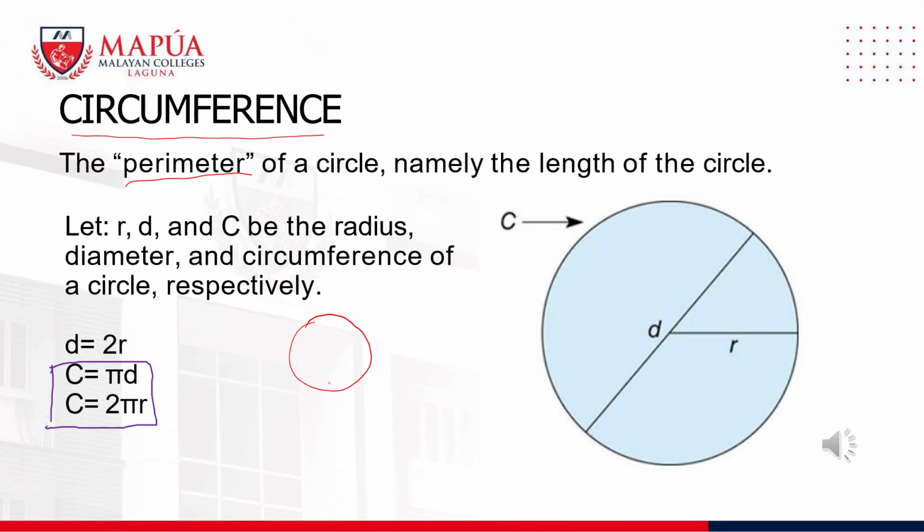If you cut it at this point and then stretch it, it will give us a straight line. This straight line is what we call the perimeter, right? But since this is taken from the circle, we call this perimeter the circumference.